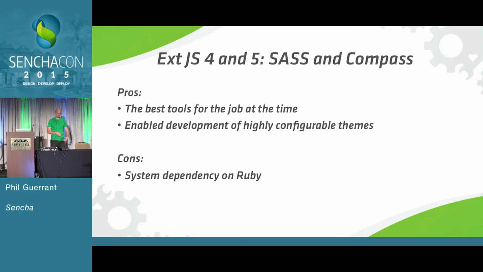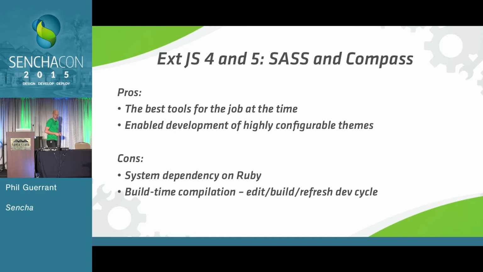One of the big shortcomings of the system was that it had a dependency on Ruby. So if you wanted to install such a command and build your app, first you had to go get Ruby. But perhaps the more important side effect that we wanted to get rid of was this cycle of build time compilation, which meant you had to make your edits, then run your build, then refresh your page, then go back and edit again, then run your build and refresh your page, and repeat over and over again.